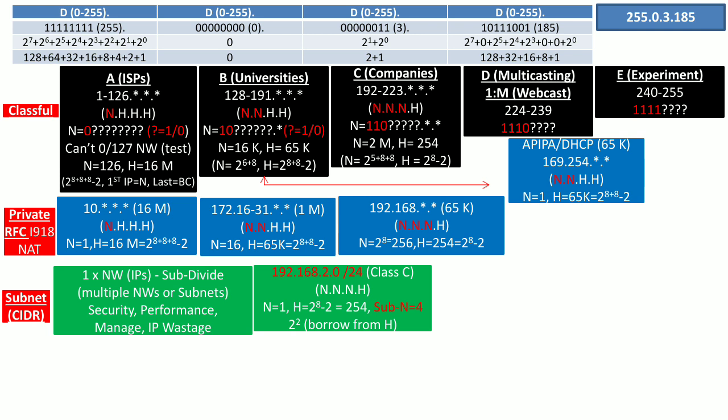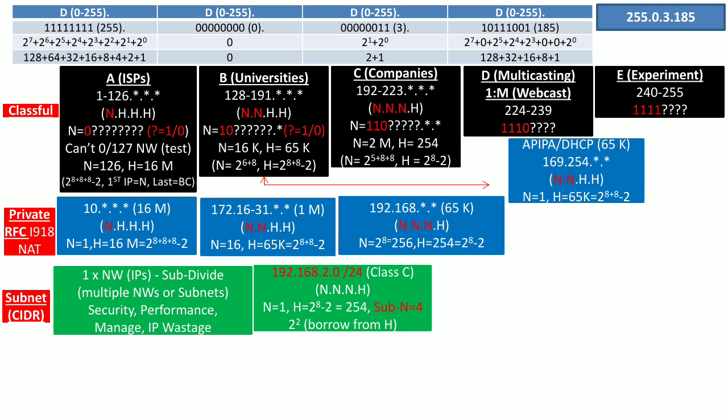Since we want to do this, we need 2 bits from the host portion, and these 2 bits would be the most significant bits, or the bits on the left side of the last octet, which was previously used for host addressing in a class C IP address. Now we want to borrow these 2 most significant bits from the left side of that fourth octet into the network address.